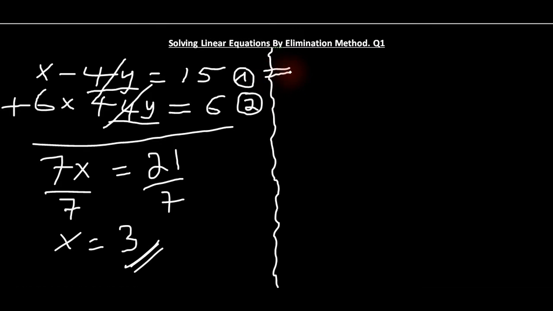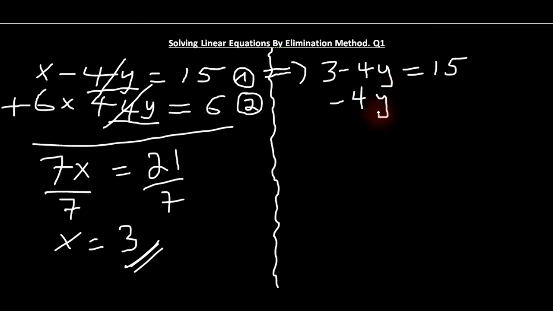This implies 3 minus 4y will be equal to 15.